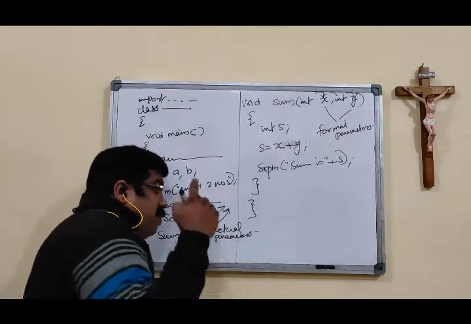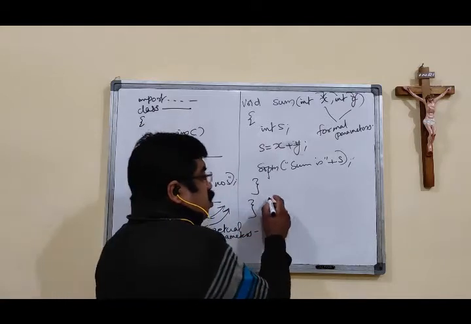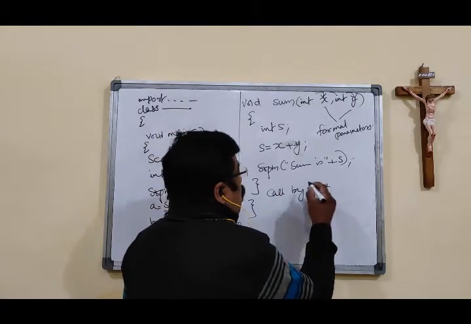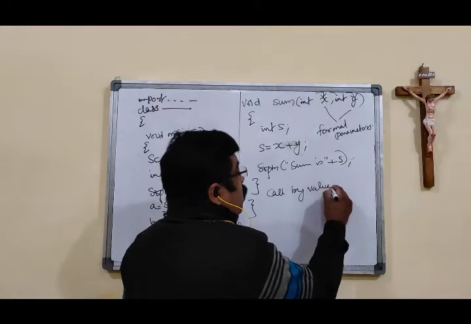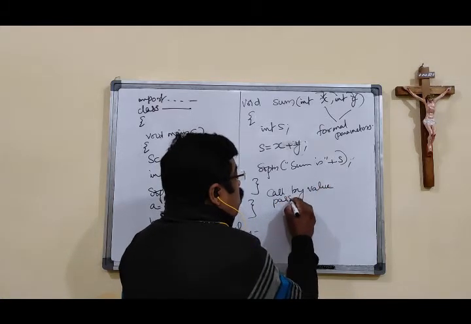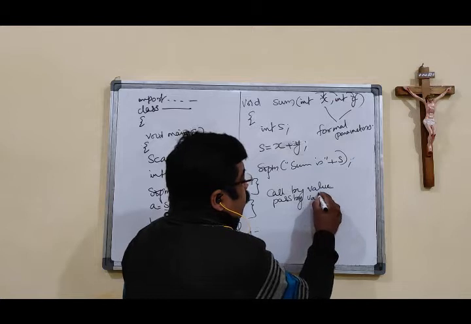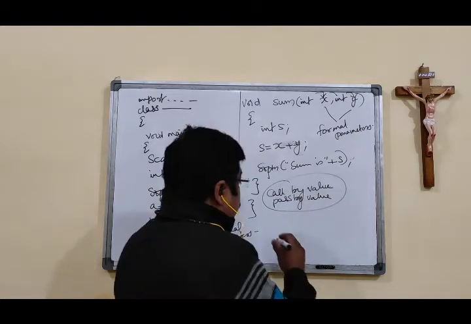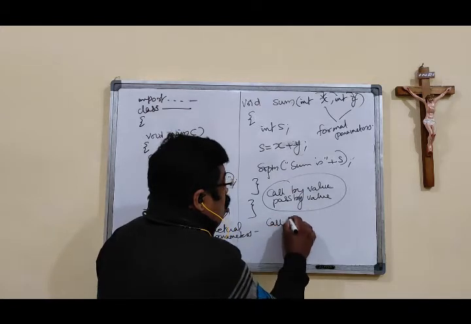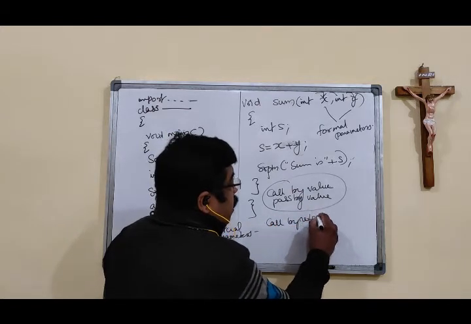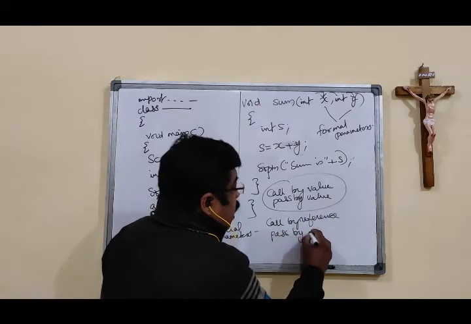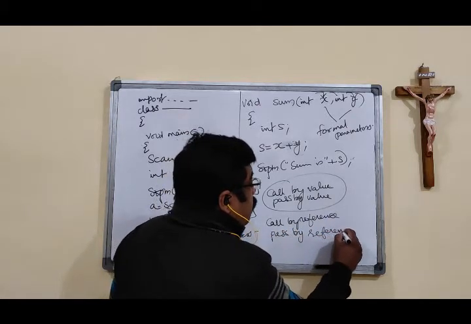See, and the method which we are using here is call by value or pass by value. These two mean the same thing. Second one is call by reference or pass by reference.